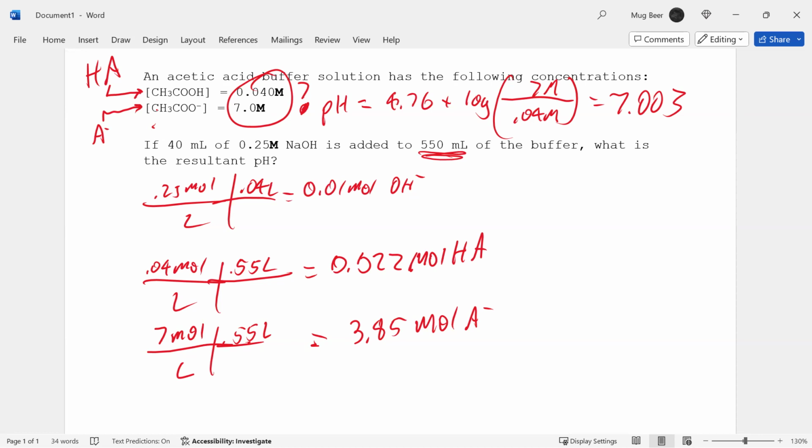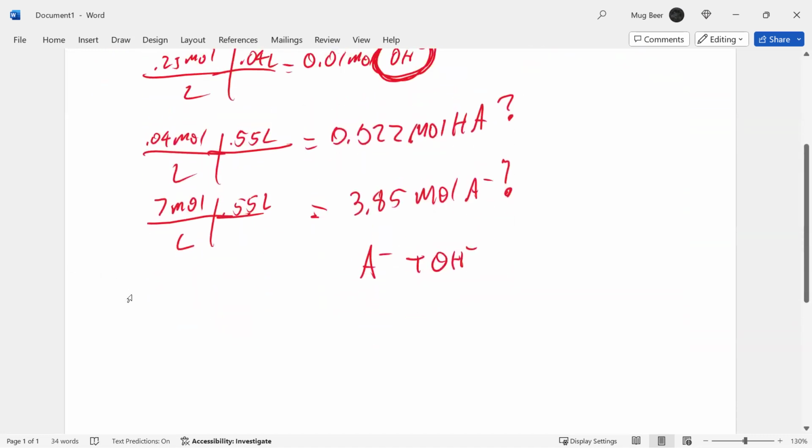So I need to know what's going to happen with this. When this goes in, which one of these two things is going to react with the hydroxide? Those are the options.